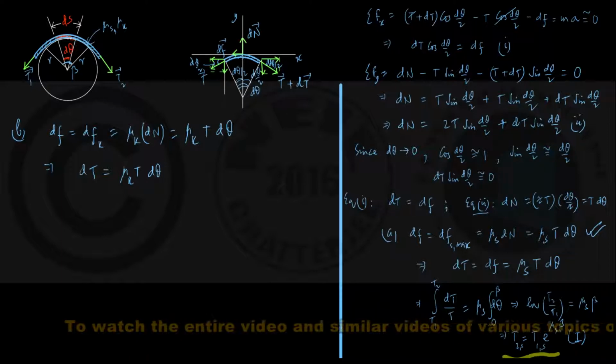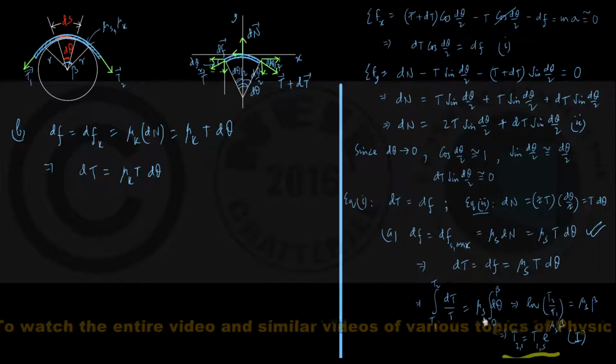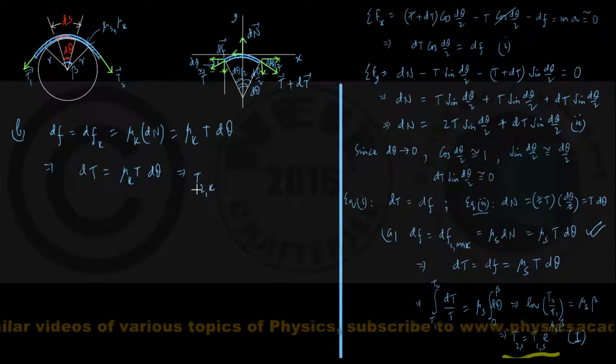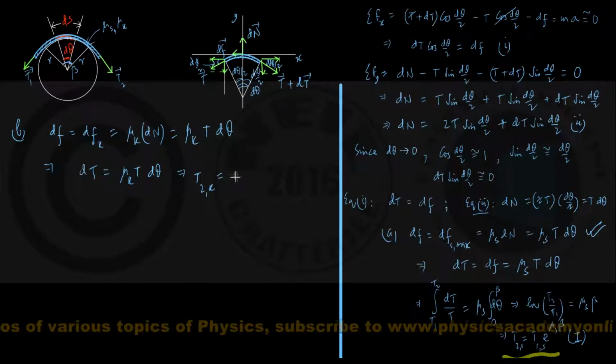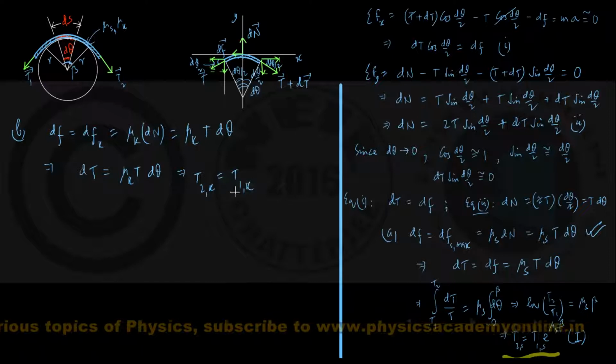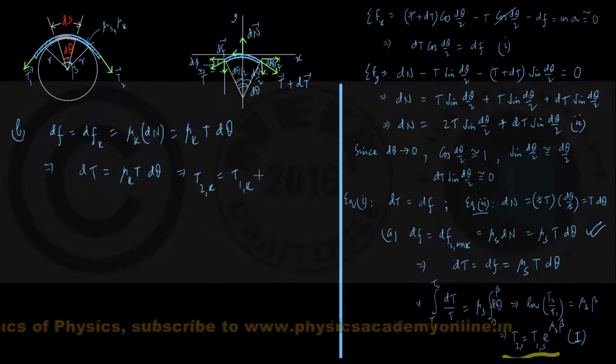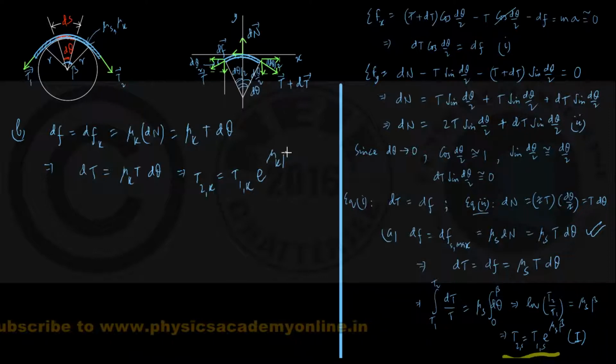And proceeding exactly in the same way as in part A, you can show yourself that eventually you get that T2 under kinetic condition is coming out to be T1 under kinetic condition multiplied by e to the power mu k into beta. That is my next important result, that I'm calling Roman 2 in capital letters.